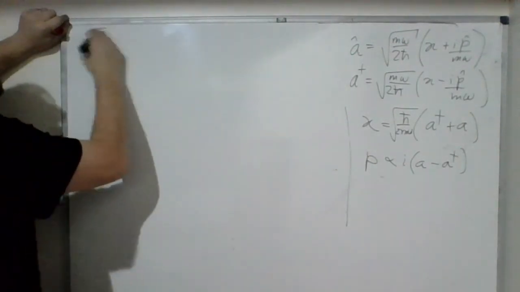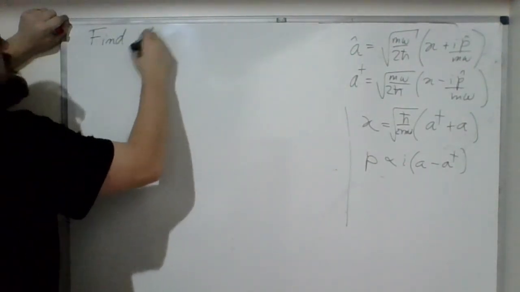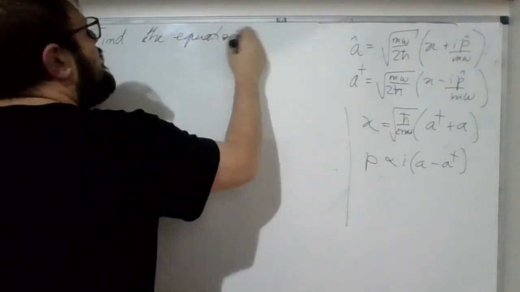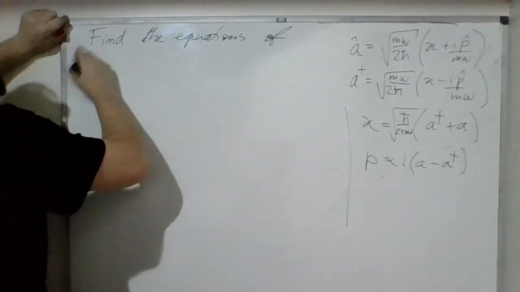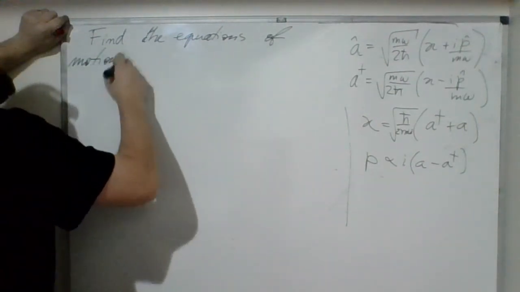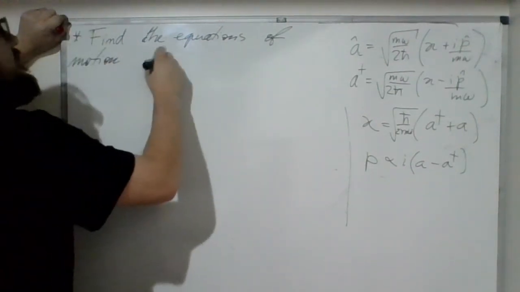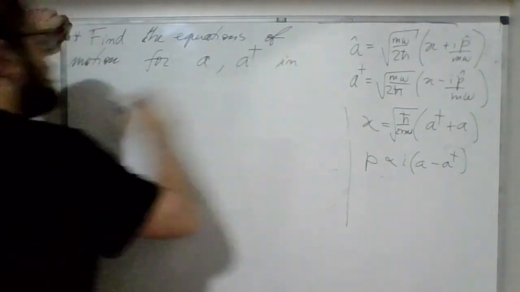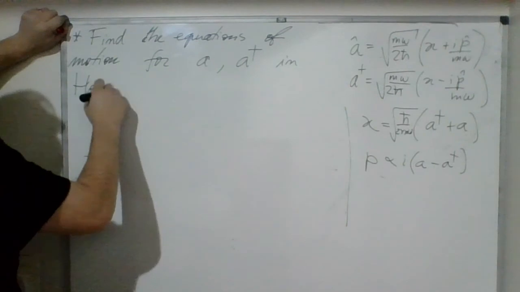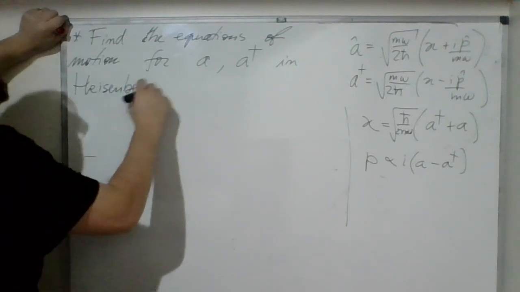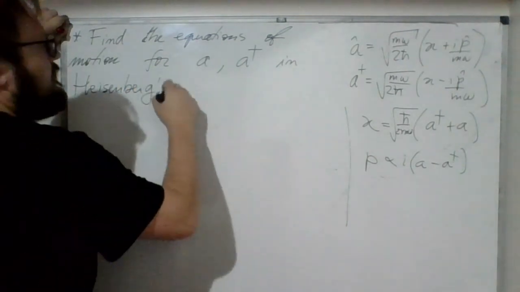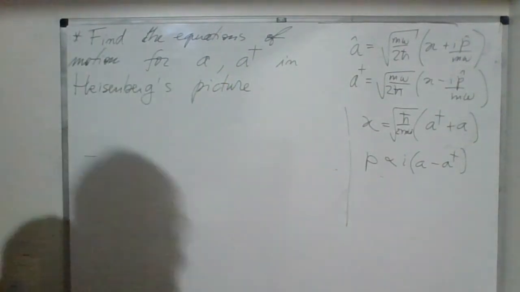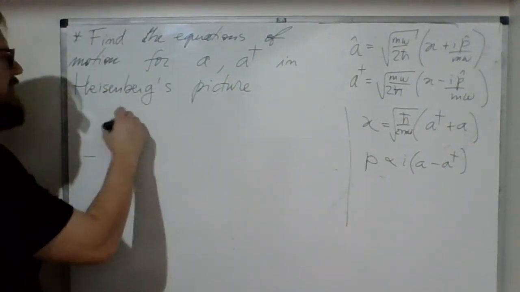Find the equations of motion for A and A dagger in the Heisenberg picture. It's pretty easy. You have the Hamiltonian.